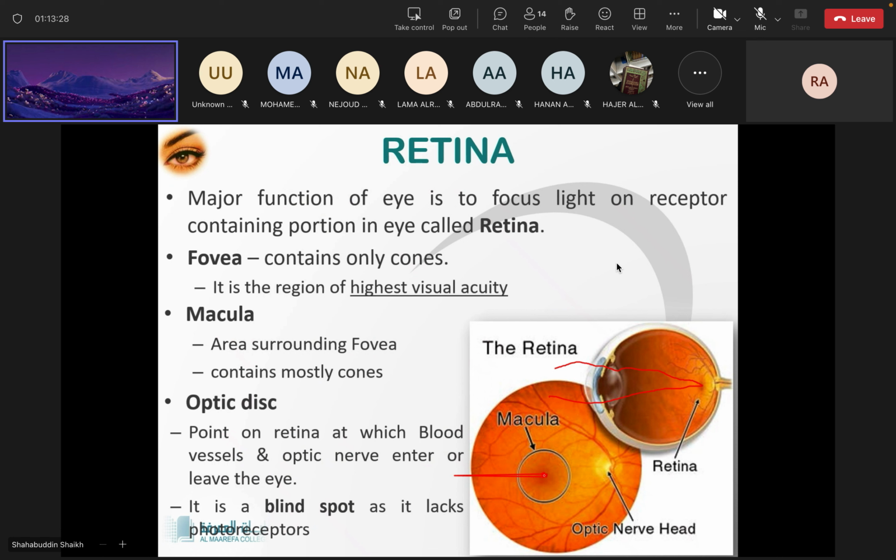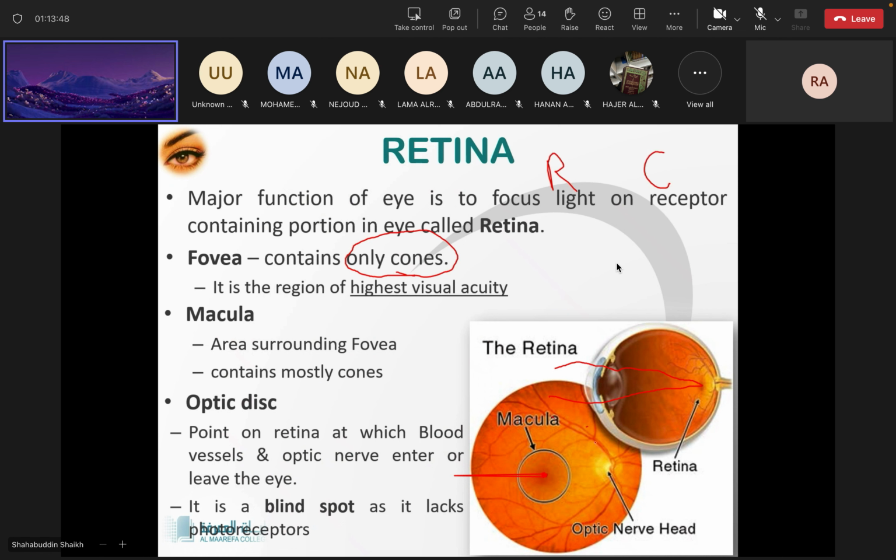Fovea centralis has got only cones. It does not have rods. So there are two types of receptor, rods and cones. Rods are more in the periphery, but cones are more in macula and they are maximum in fovea. Only cones are there in fovea.